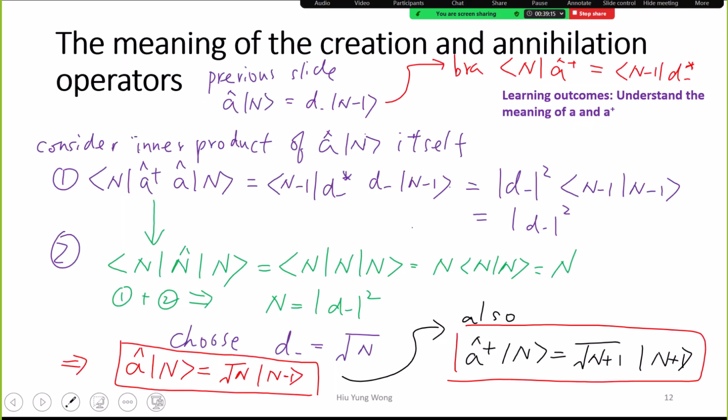Okay, so we agree that n counts the number of quanta of energy. We agree that the creation operator creates one quantum of energy. The annihilation operator destroys one quantum of energy. But we still don't know what the values of capital N are.